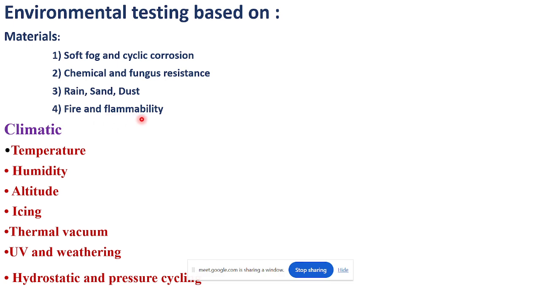There is also fire and flammability. You need to check the fire resistance, the capability of the material to resist fire or fire propagation. On the climate perspective, there is temperature, humidity, altitude, icing, thermal vacuum, UV weathering, and hydrostatic and pressure cycling.